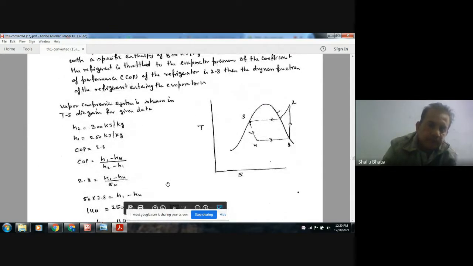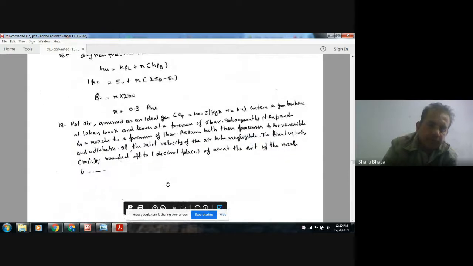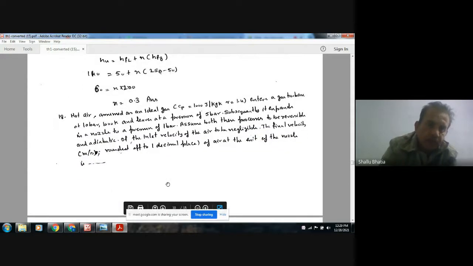Next, question number 18. Hot air, assumed as an ideal gas, Cp is equal to 1000 joule per kilogram per degree Kelvin, gamma is equal to 1.4, enters a gas turbine at 10 bar, 1000 Kelvin and leaves at a pressure of 5 bar.